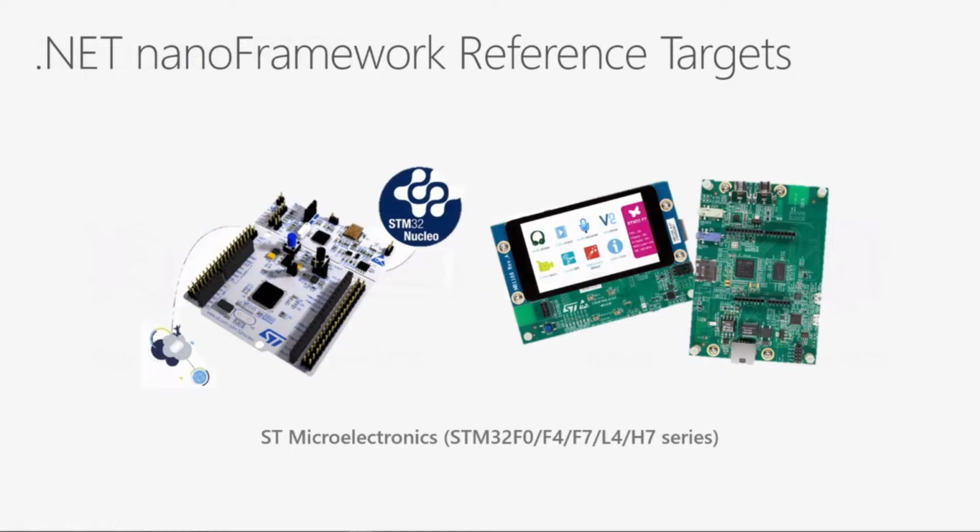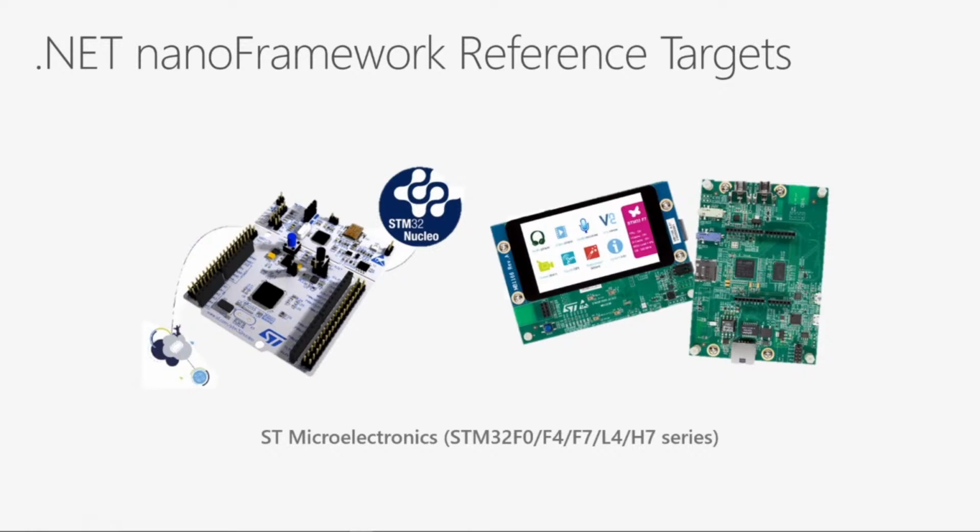From ST Microelectronics is where we have more targets. We have from various years, from the F0, the F4, the F7, and the last two that are here, the L4 and the H7, are the ones that are coming with the Azure RTOS. Right now, with ready to flash images, we only have the first three series that you find there.